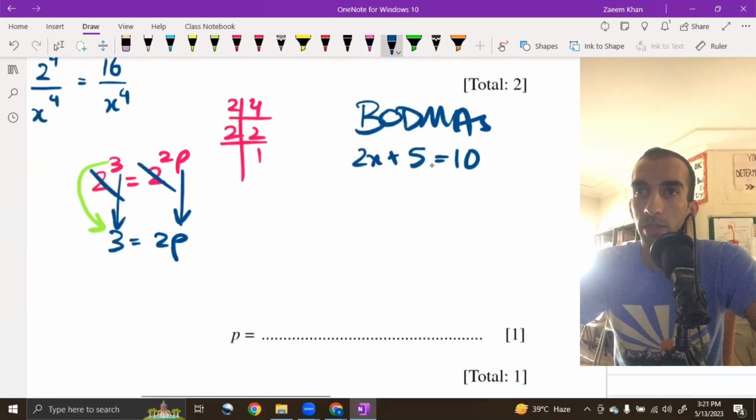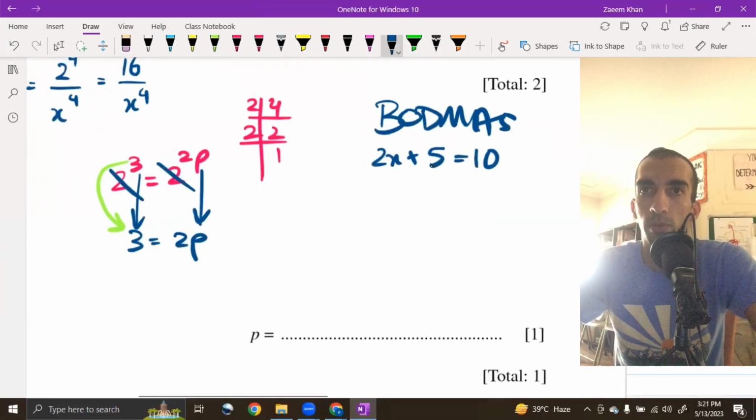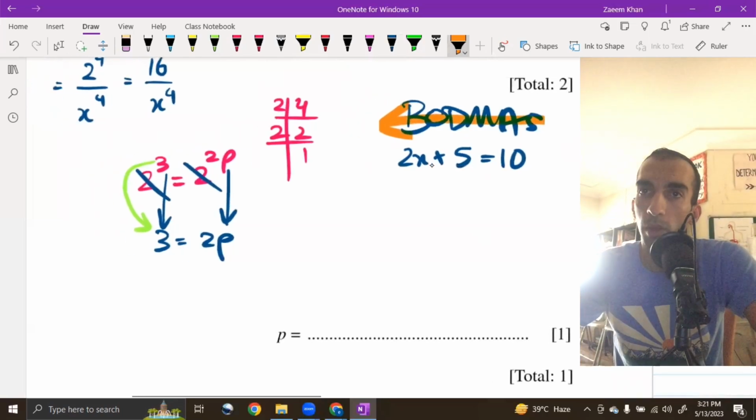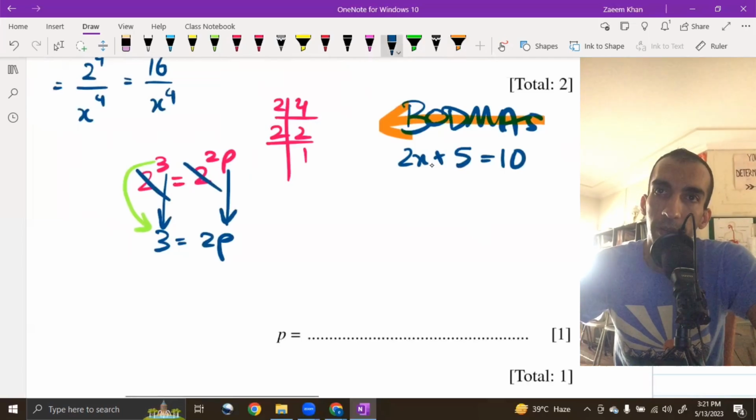The rule that I've come up with to help students understand this concept is that you're supposed to go in the opposite direction of BODMAS. So if I go in the opposite direction of BODMAS, which letter am I supposed to deal with first?